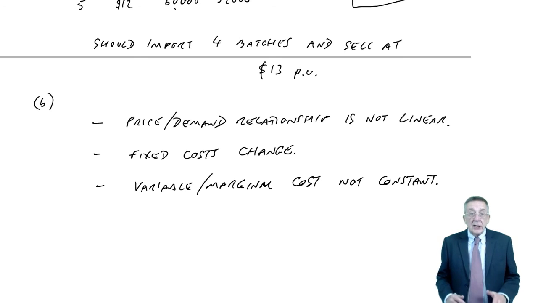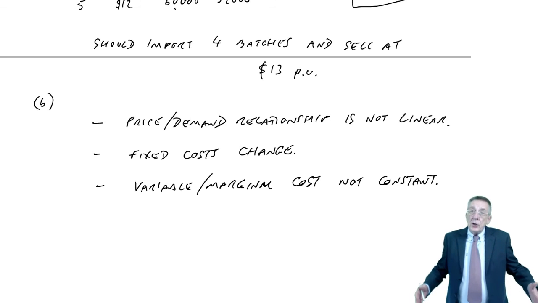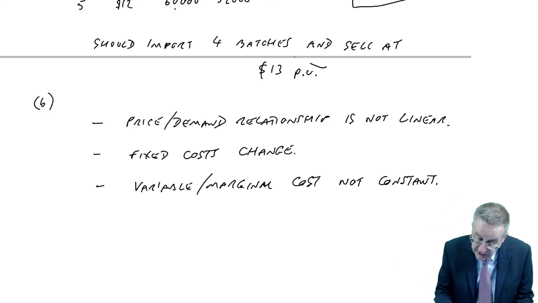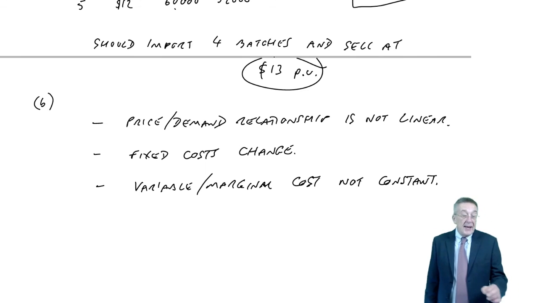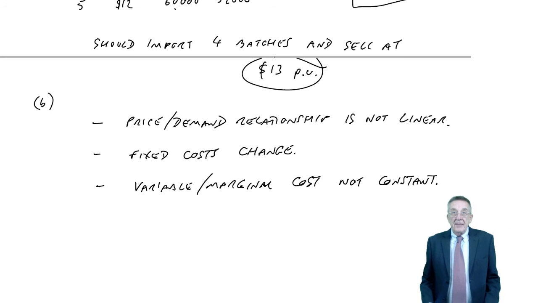When you're doing it algebraically, even if everything was linear, we had the equations, it could be that the best selling price, we've got the best selling price to be 13, but it could be, were it all linear, that the best selling price was $13.50, $13.20, it could be anything.